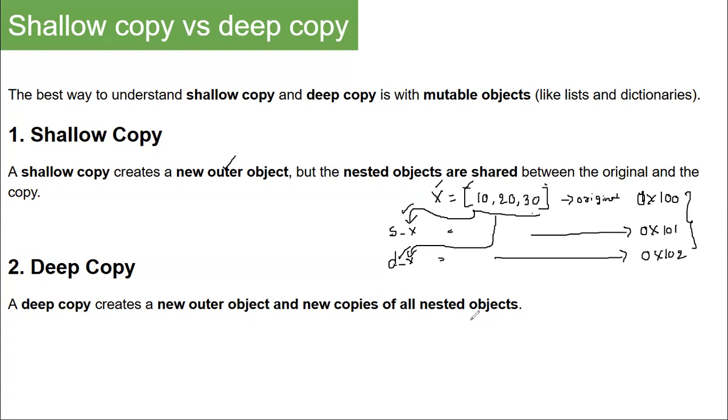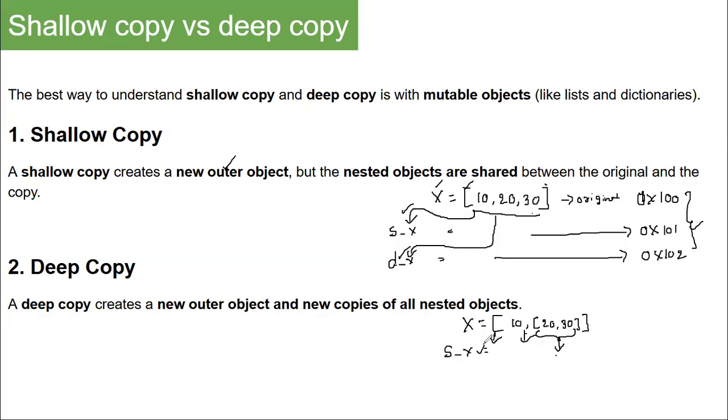Next, coming to nested things, x is equal to 10, 20, 30 I am taking. At that time, if you are doing a shallow copy, the data will be the same, and the address of the outer object is different. Here we saw the outer object address is different, and the address of the nested object will be the same as the address of the shallow copy's nested value.